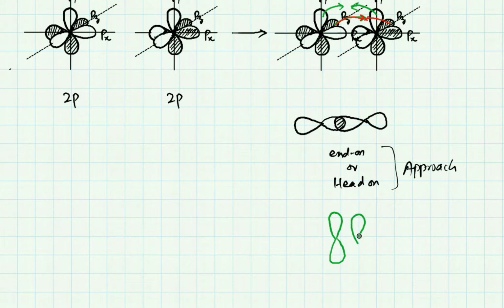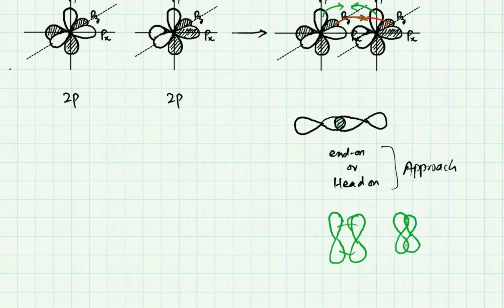They are approaching each other this way, so only these parts approach each other, and there will be partial overlap.